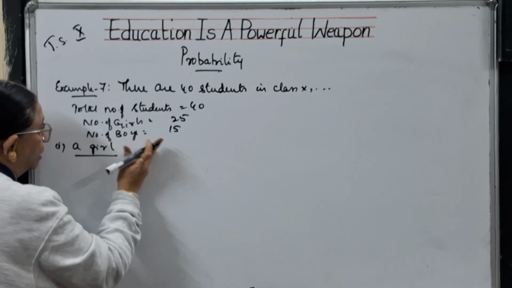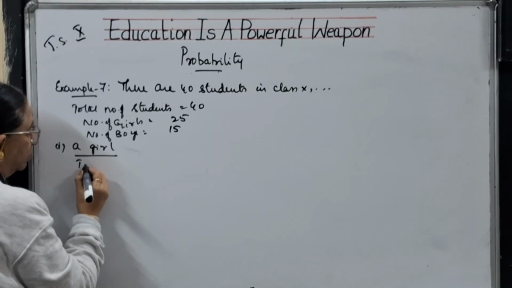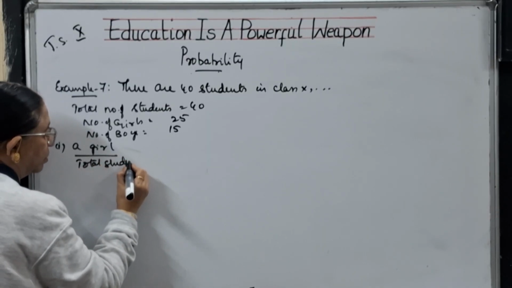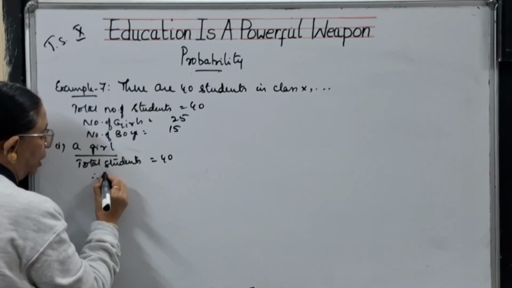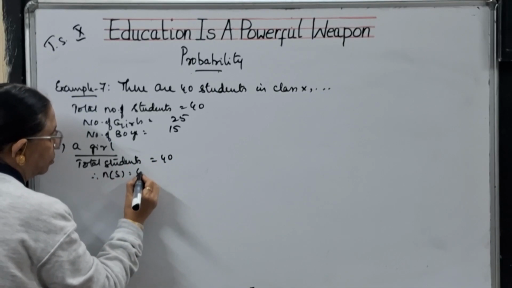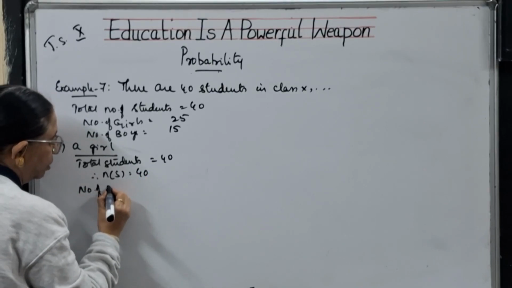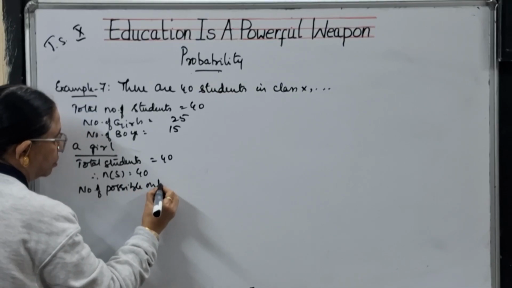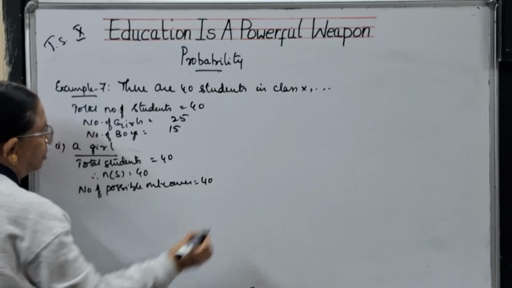Probability of getting a girl means here what is the total students? Total students are 40. Therefore, n of s is equal to 40. What is this n of s? Number of possible outcomes is 40.